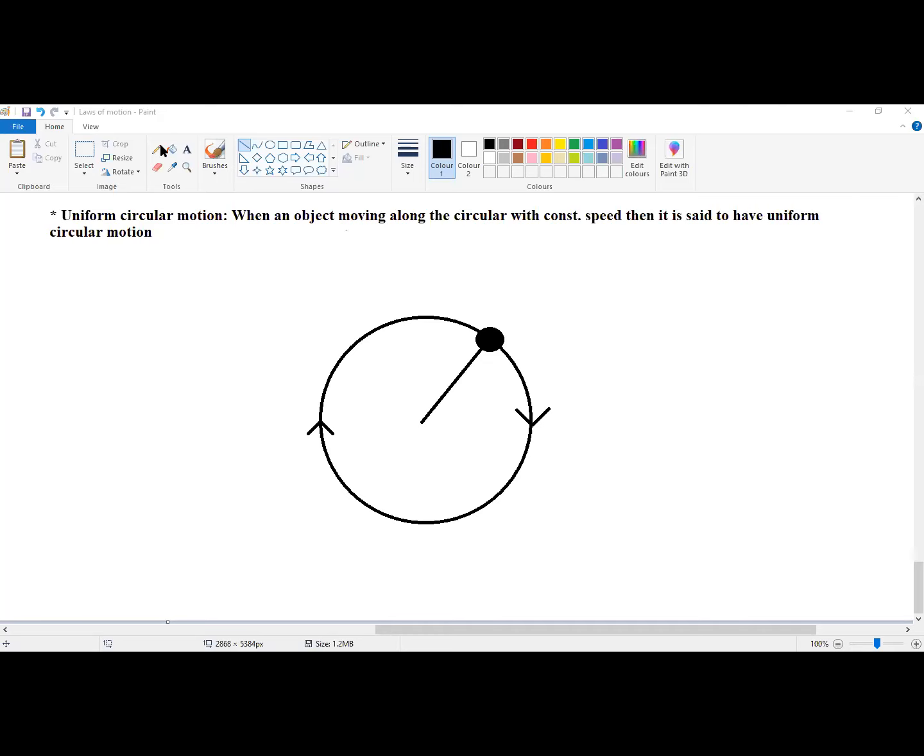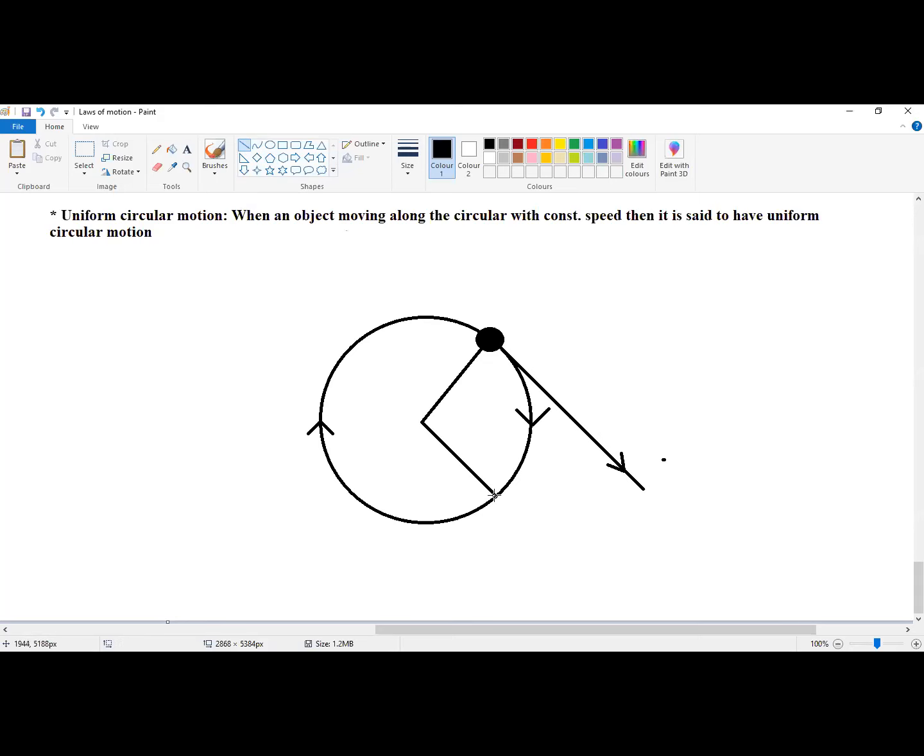Suppose I release this stone, then it will move in the direction which is tangential. That means like this. In this particular direction it will move if I release the stone. Suppose this stone is somewhere here. Again, it will move tangentially.